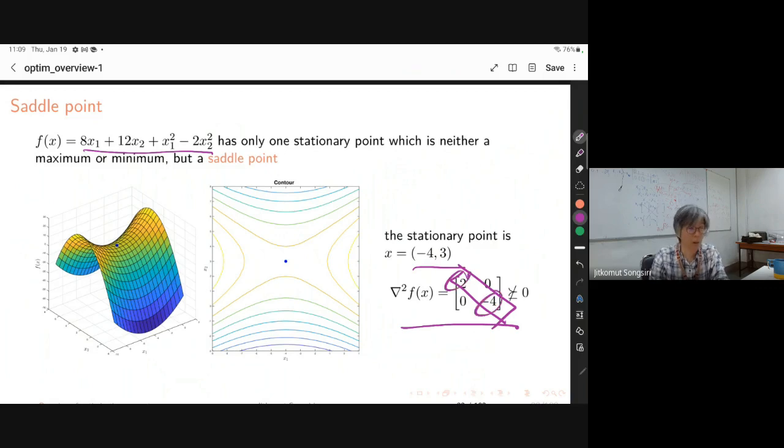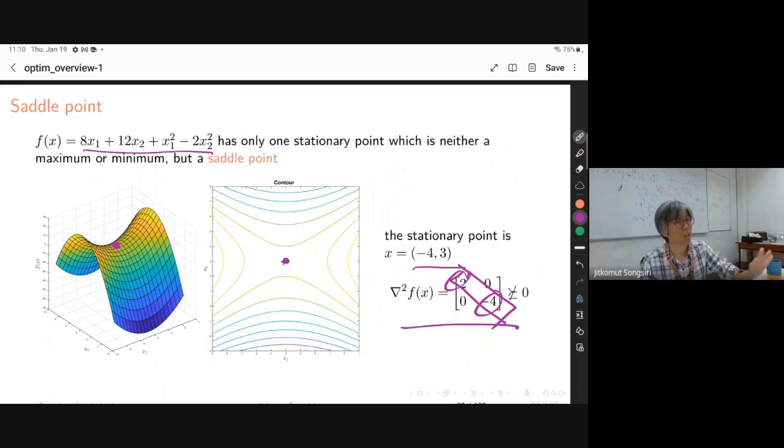The diagonal is a mix of non-negative and negative values, so the Hessian is indefinite. So that stationary point is neither a local min nor a local max, and it is called a saddle point. This is how it looks on the contour.